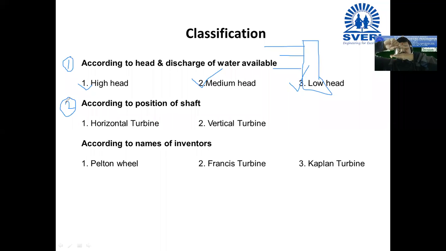Horizontal shaft. When the shaft is parallel to the land. And when the shaft of your turbine is in this way, perpendicular to the land, then such turbines are known as vertical turbines. So depending on the position of the shaft, there are 2 subtypes: one is the horizontal and the second one is the vertical.